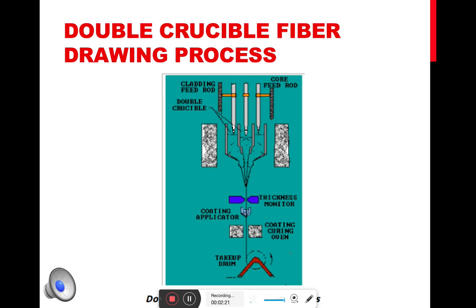The protection of the optical fiber is done through various coating techniques. Once we have a fiber with a specific core and cladding refractive index, the thickness monitor measures the thickness, and the fiber is then given different types of coating for protection, and finally it is rolled up on a drum.